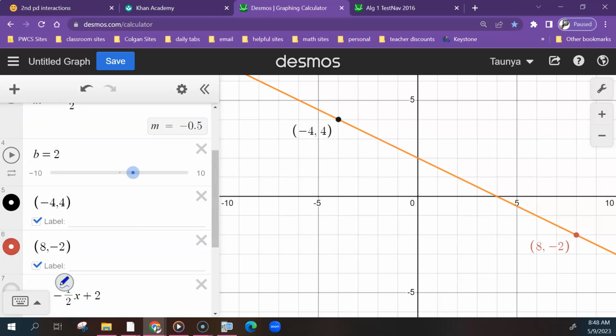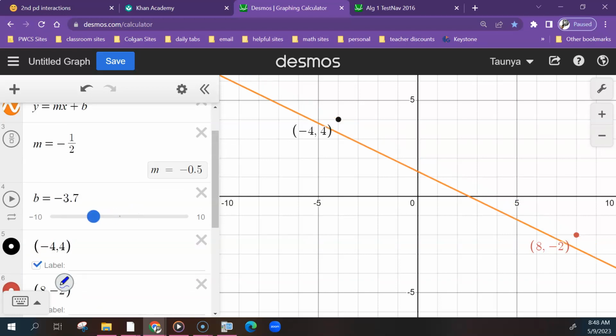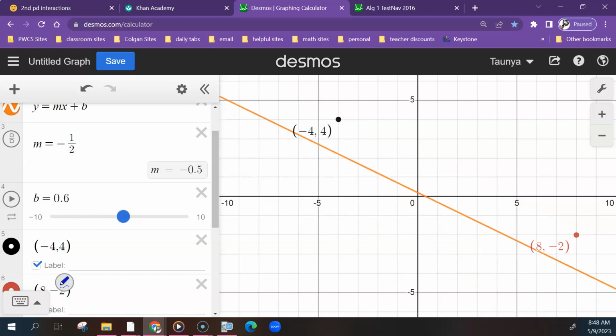Count your slope from here to here, and it ended up being down 6, to the right 12. So that would be -1/2. Change your m so that it matches, and then move your slider until it goes through those 2 points.